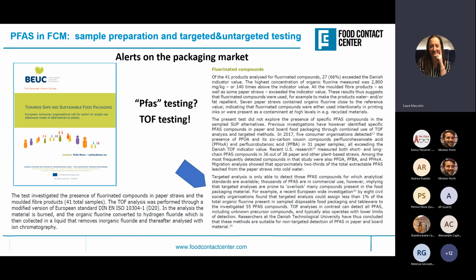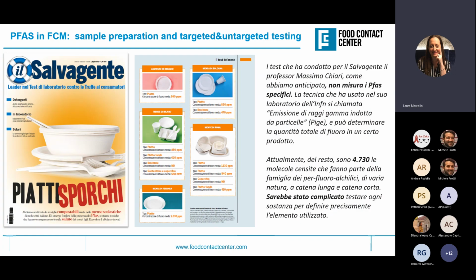You can see here the study, and we can read that at the end of the day, the total fluorine analysis was performed, performing the test that I was describing before, and the reason we can read is that the targeted analysis is only able to detect those PFAS compounds for which standards are available. That's why it's better to perform the total organic fluorine testing.